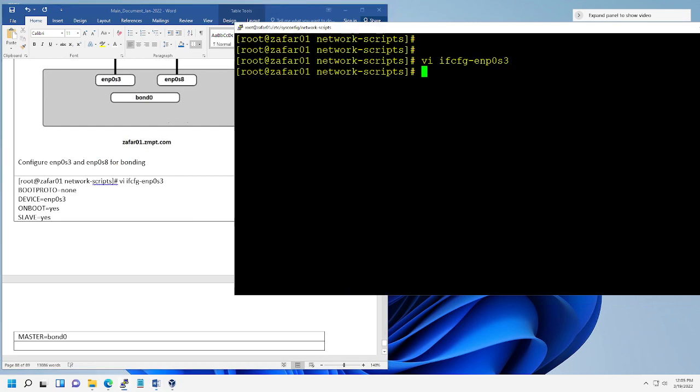Okay. Now, if you do ls here, ENP0S3 is there, S8 is not there, okay? So what I'm going to do is copy the exact same information from S3 and paste it into S8. What is the command to redirect the content to a different file?